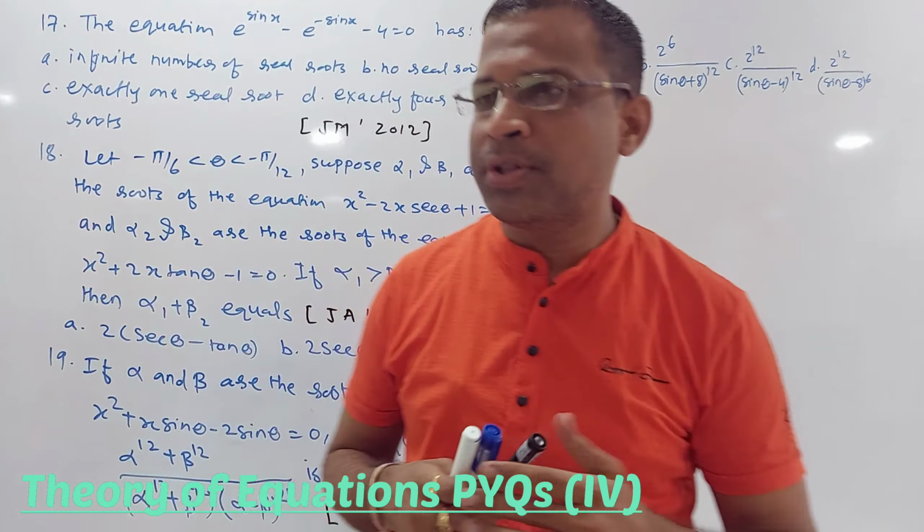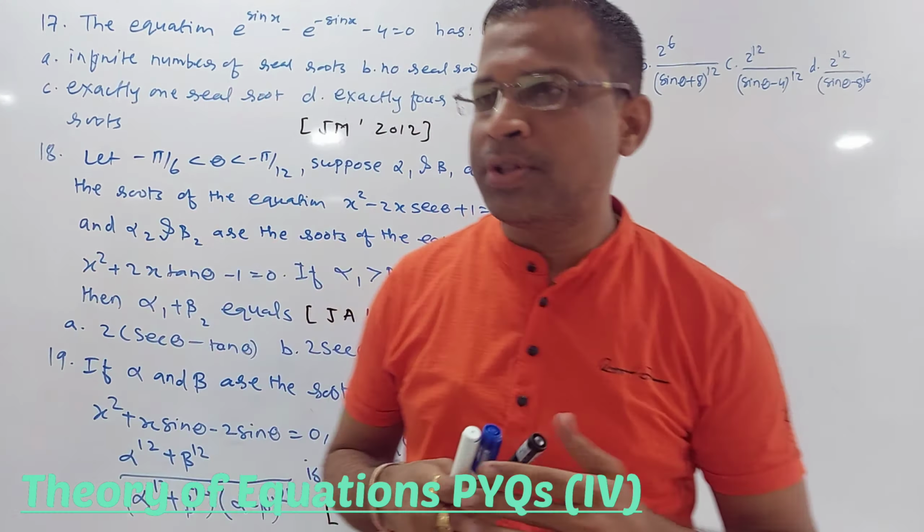Okay, alpha 1 and beta 1. So my starting is the sum of the zeros. It is 2 sec theta, the sum of the zeros is 2 sec theta upon 1, and the product of the zeros is simply 1, isn't it?